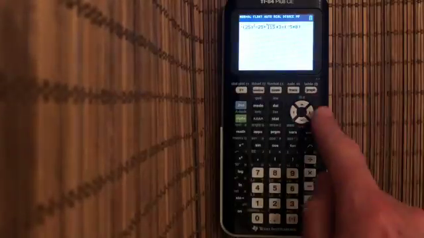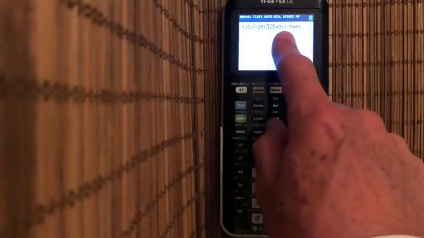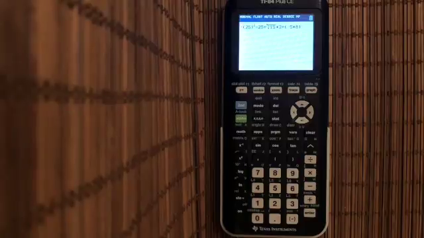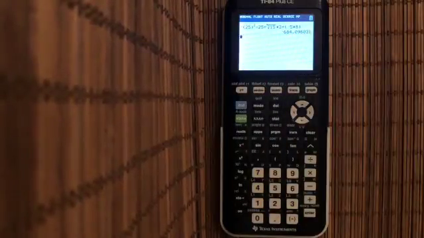And remember, as soon as you move with the arrow keys, it breaks the spell. It'll stop inserting. You see how the cursor changed? And that would be the answer for that terrible looking expression.